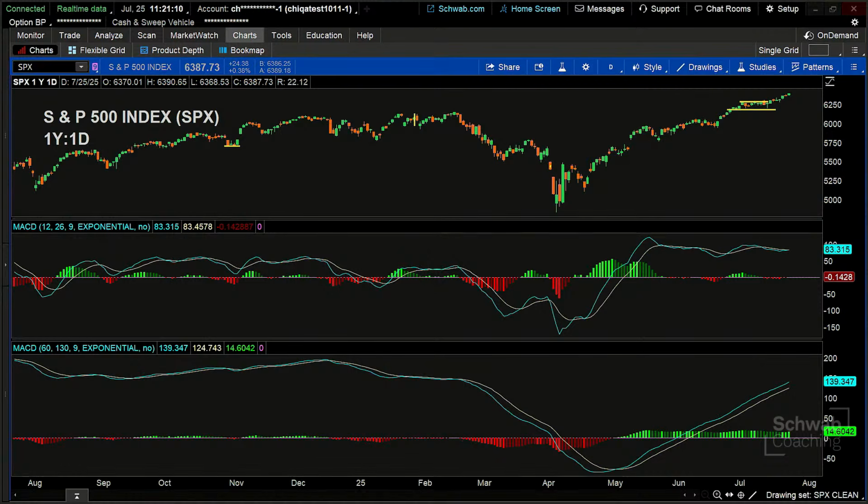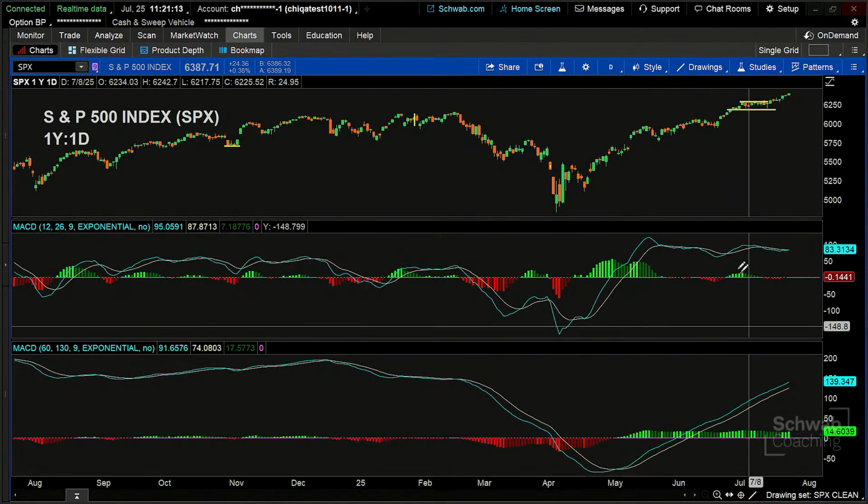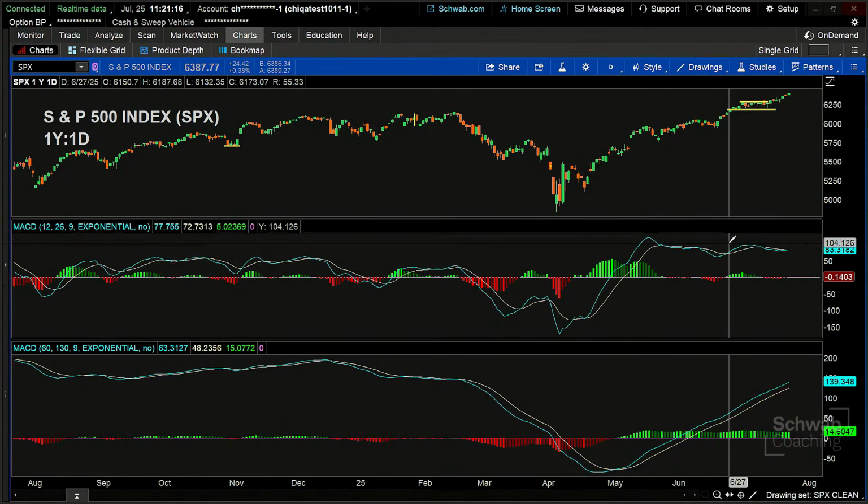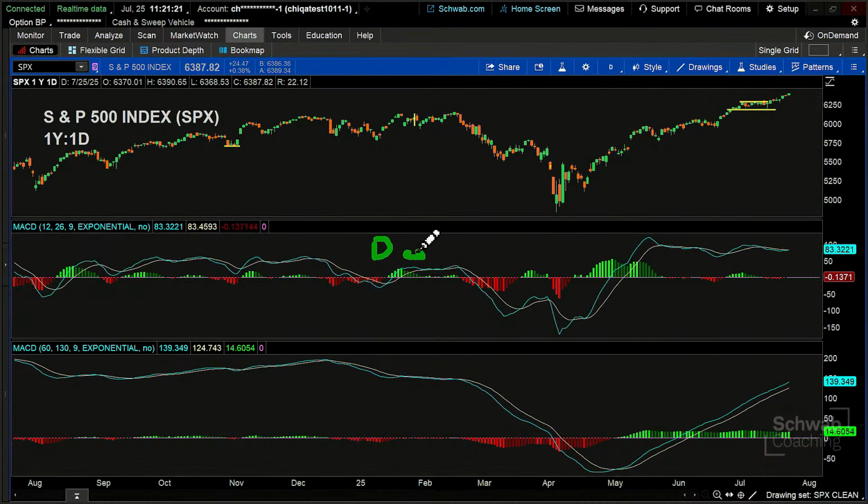But what this tells me is that if this is the daily, let me grab my magic marker. If this is our daily MACD, and this is our weekly MACD, the daily momentum is kind of sideways, but the weekly momentum is up.